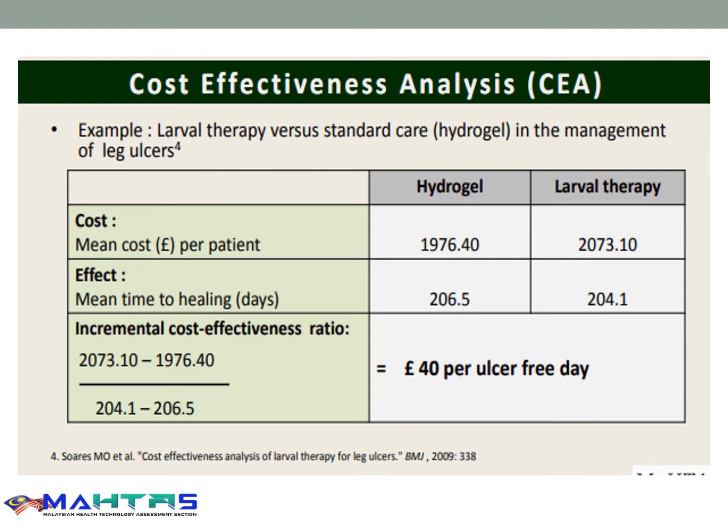From the cost effectiveness analysis, we know that LAWA therapy compared to hydrogel will have an incremental cost effectiveness ratio (ICER) of 40 pounds per ulcer free day. So the policymaker has to decide whether it's appropriate to use LAWA therapy as compared to hydrogel for your treatment.